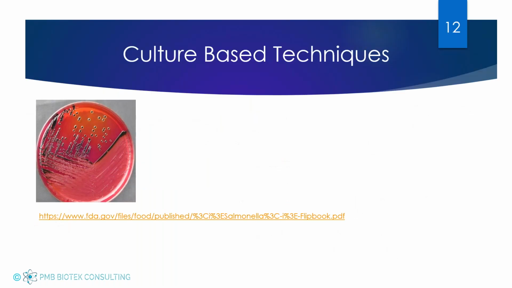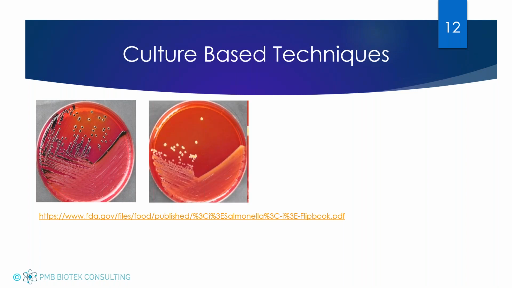Another issue is how do you discern what is your target from your non-target? You have a traditional Salmonella organism growing on a culture plate, and then another plate that looks completely different, but that is still Salmonella. That's just an atypical Salmonella that's present.